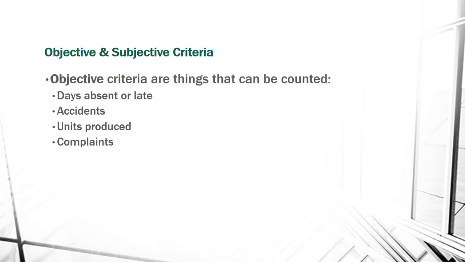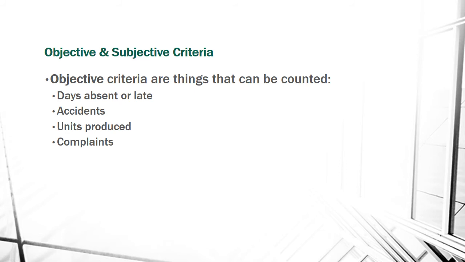Now, the last big thing that we have to talk about when we talk about putting criteria together is what kind of criteria we are working with. Are we using objective or subjective criteria? We often think about objective as meaning something like fair or unbiased. Properly, the definition of an objective criterion is something that can be counted, something that doesn't require any individual evaluation of something.